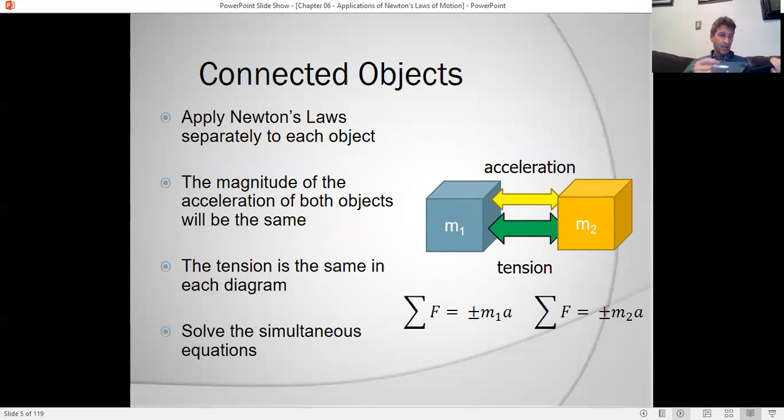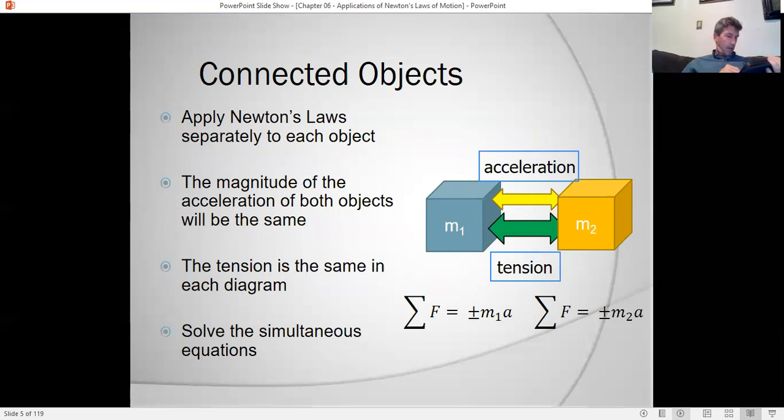So connected objects, again, typically there's some type of rope, cable, or whatever joining the two, or at least making the motion the same. So oftentimes acceleration in magnitude is the same, and the tension in magnitude is the same.